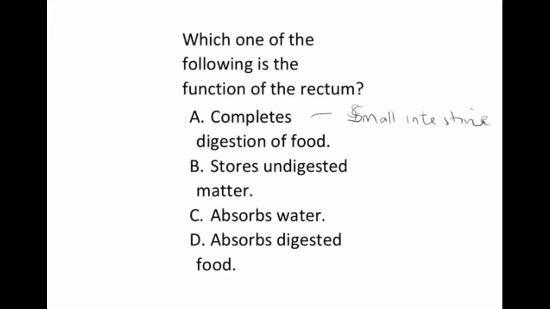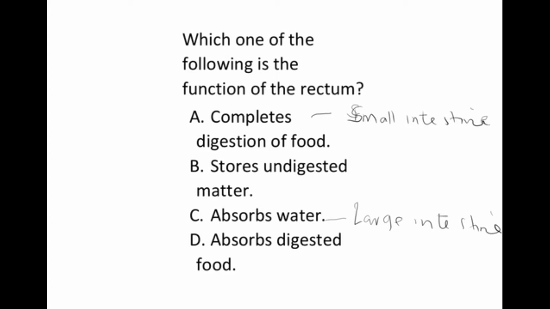Then after the completion of digestion in the small intestine, the food passes together with water and dissolved mineral salts, and they are absorbed in the large intestine.